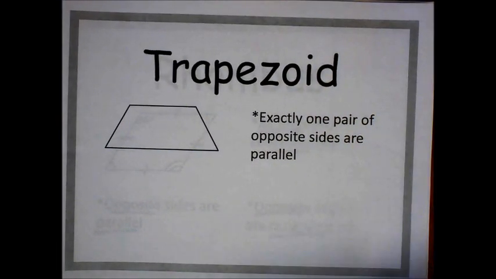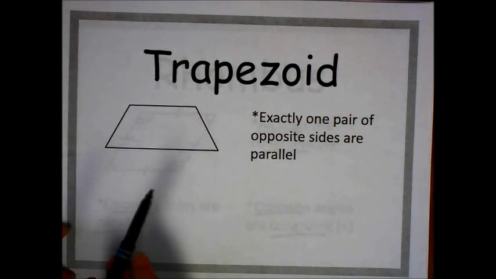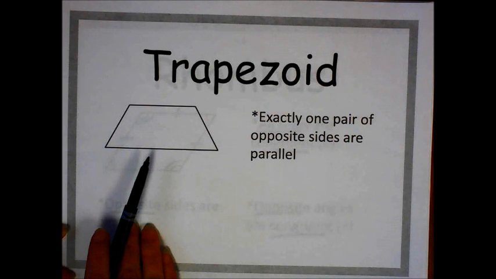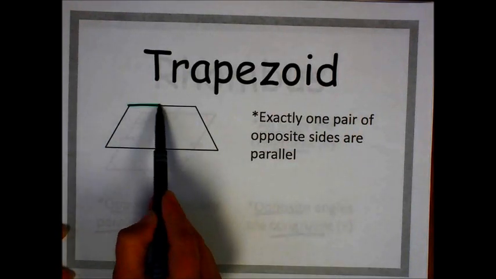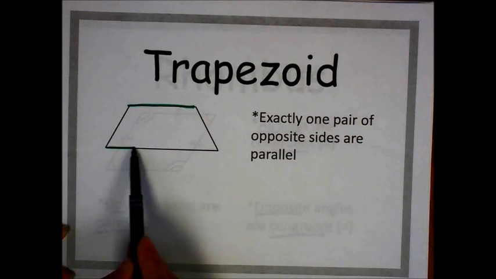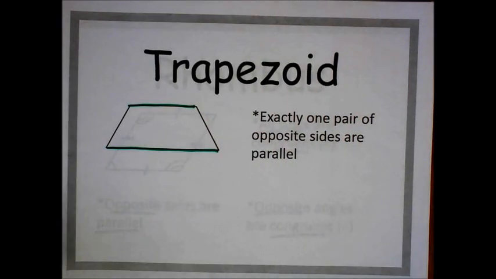And the last quadrilateral we're going to talk about today is a trapezoid. The most important thing you need to know about a trapezoid is that a trapezoid has exactly 1 pair of parallel sides. So, in this example of a trapezoid, my 2 parallel lines happen to be the top and the bottom.